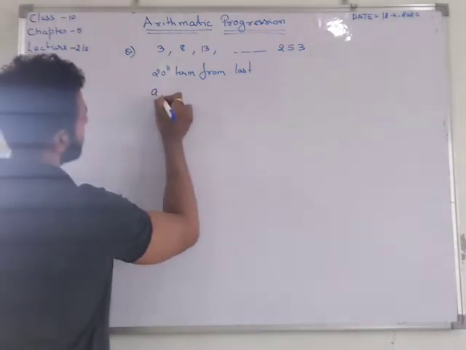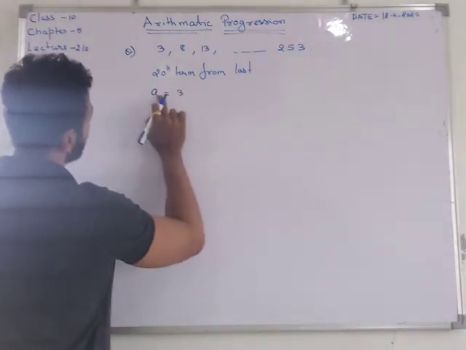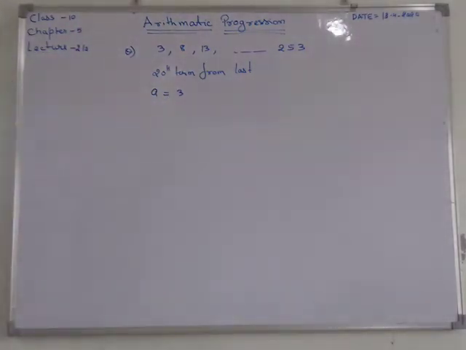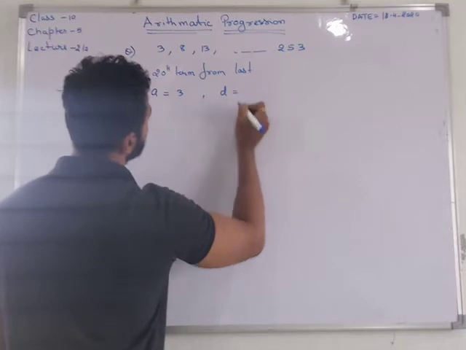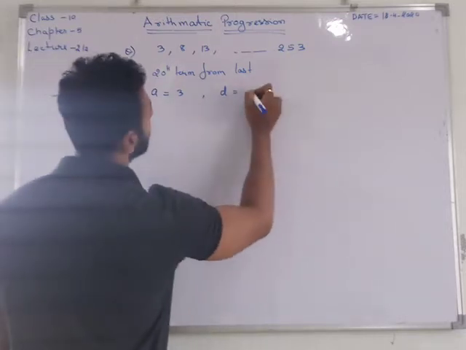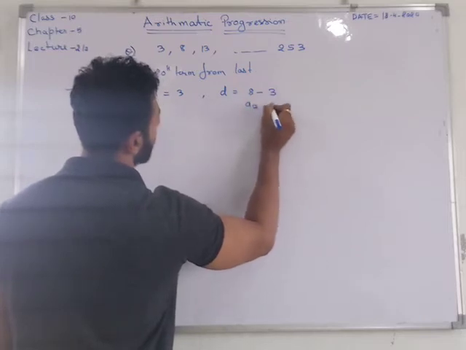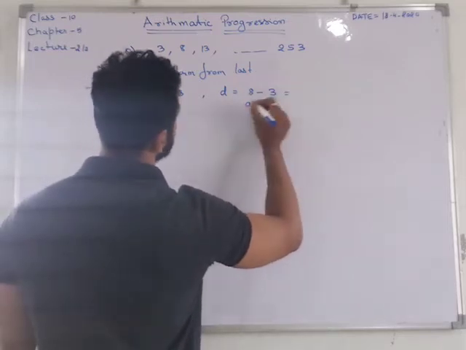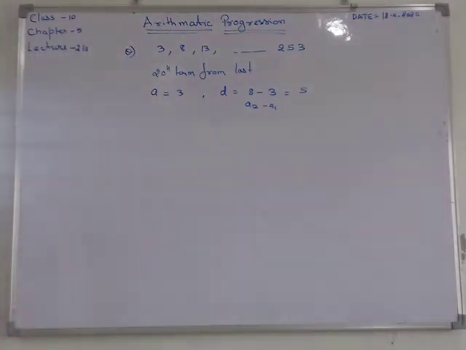Our A is 3, D is 8 minus 3, because this is A2 minus A1, which will be 5.